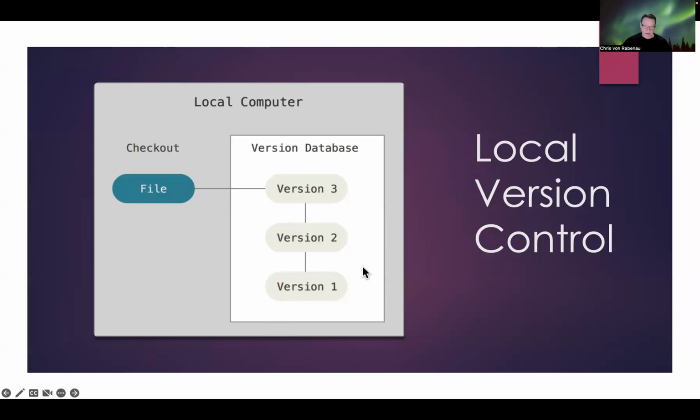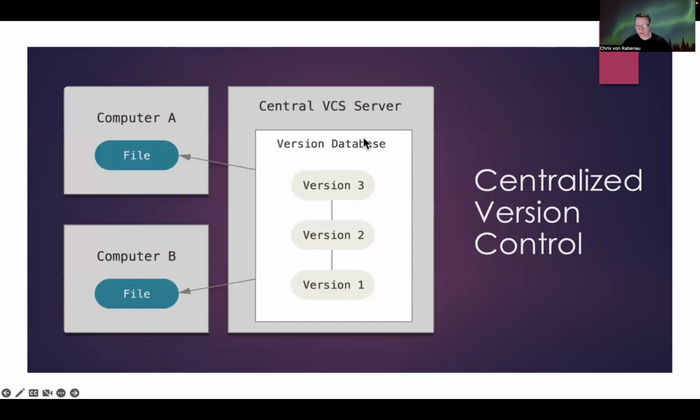So if we take that then to the centralized version control server mechanism, computer A checks out a file, they work on that file, they check it back in. And then computer B can check that file out and check it back in. With SVN, which was a step forward, computer A could work on the same file as computer B. And when they check that file in, you resolve the conflicts at the server level.